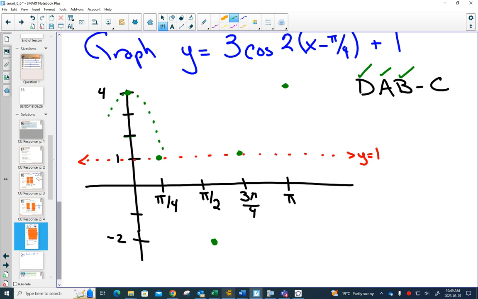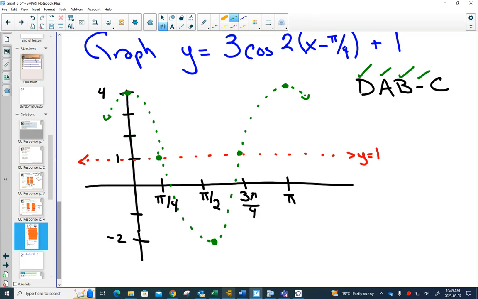I'm just going to do this with a dotted line, because this is what our graph would look like without a shift. It's not the actual graph. It's just to give us a visual before we do the shift. That's what the dash means.